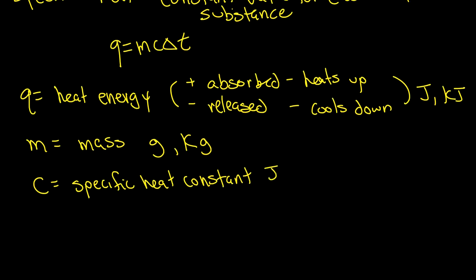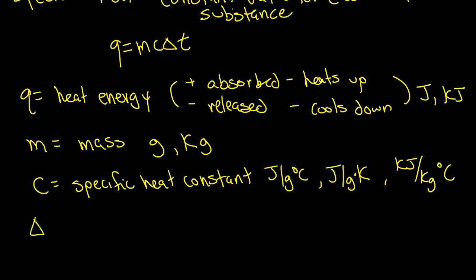This one will be in joules per gram degrees Celsius. You may also see it in joules per gram Kelvin, which is the same. These two are the same thing. There's no need to convert. You may also see it in kilojoules per kilogram degrees Celsius. But the typical one you will see is joules per gram degrees Celsius.